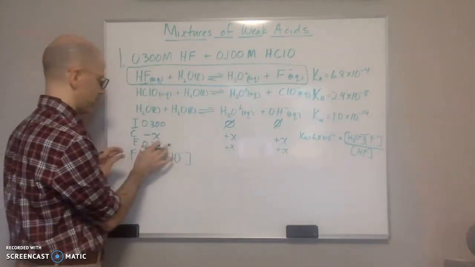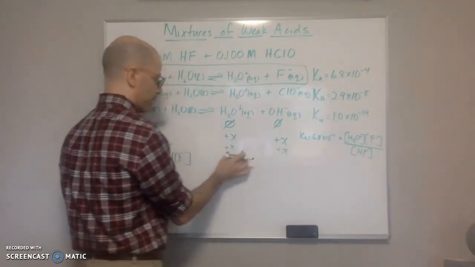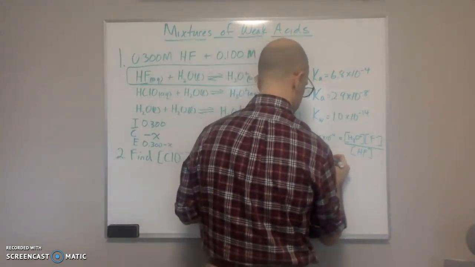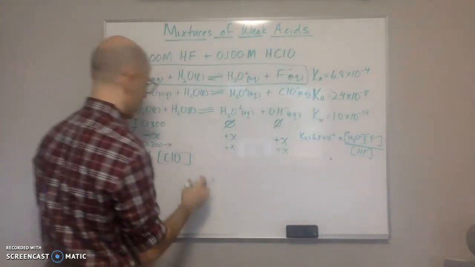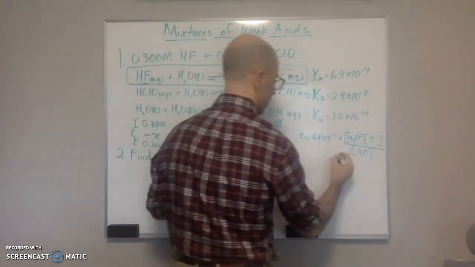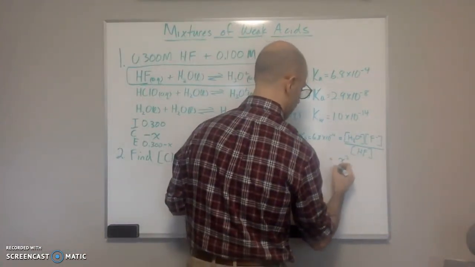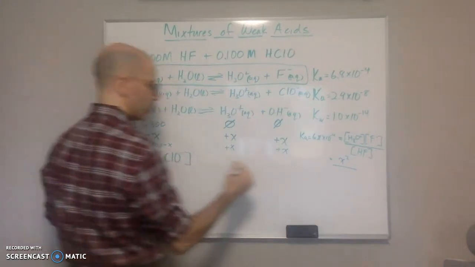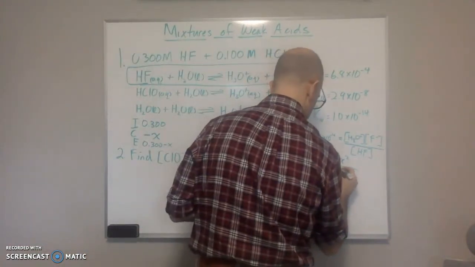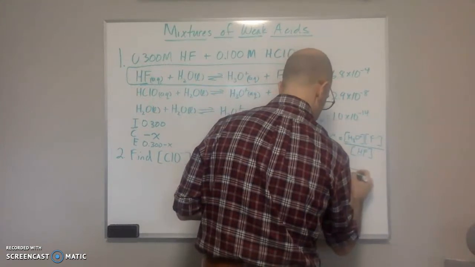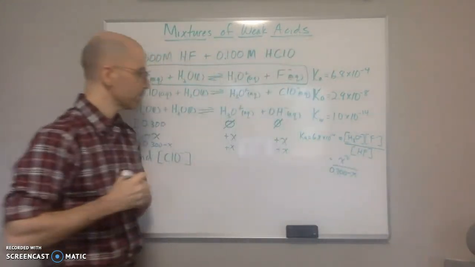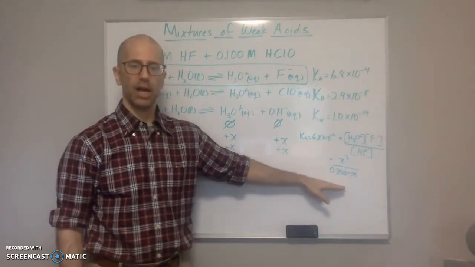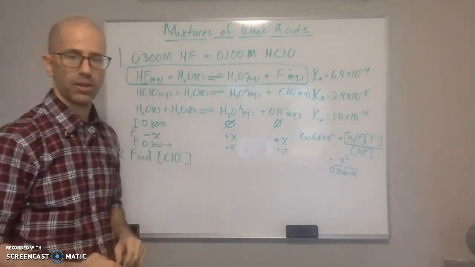And we're going to plug in our equilibrium expressions in terms of x. So x times x is x squared, over 0.300 minus x.